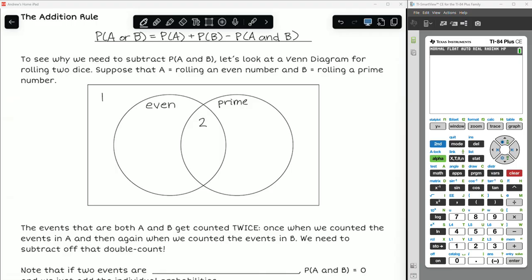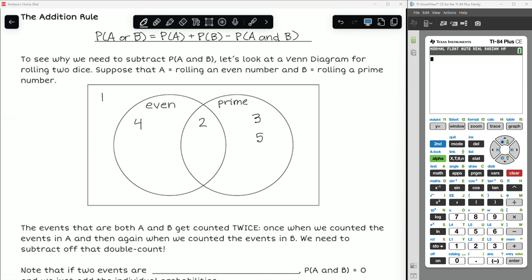Our next number is 3. It's not even, but it is prime. Its only factors are 1 and itself. 4 is even, but not prime, because 2 and 2 are factors. 5 is prime, but not even.